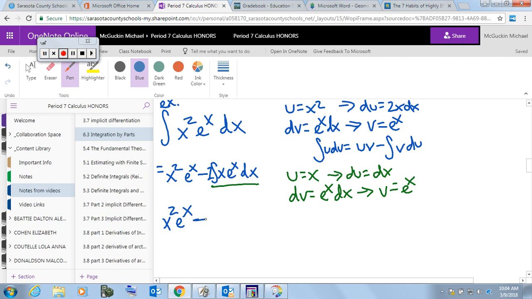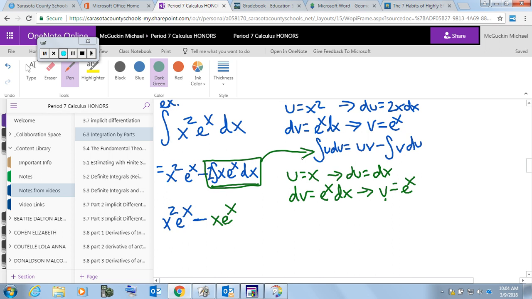In this green part, the u would be x, the v would be e to the x. So all I'm doing right here, guys, is taking this part and integrating it by parts. My u is x, my v is e to the x. That's what I'm doing in here.